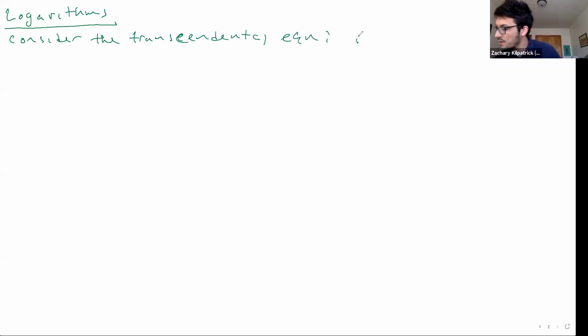So let's consider the following transcendental equation. F of x equals x e to the minus x, and let's say that this equals epsilon, right? So a harmless enough looking equation, right?